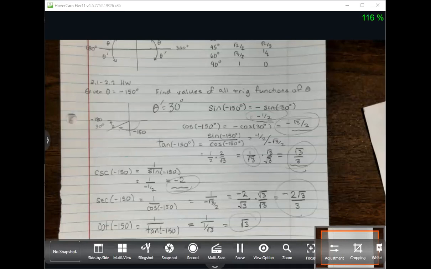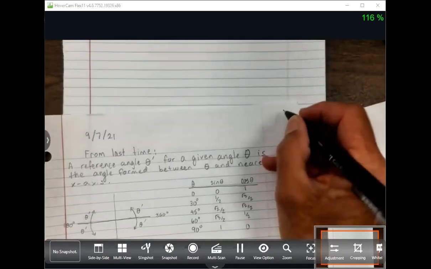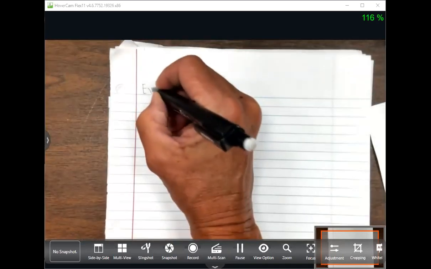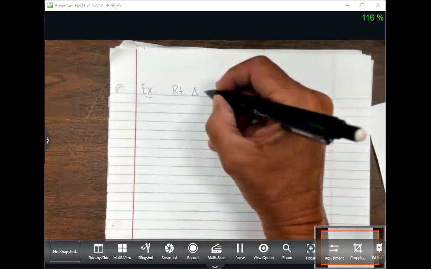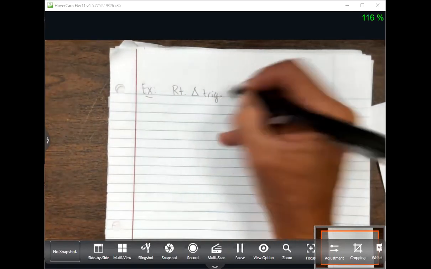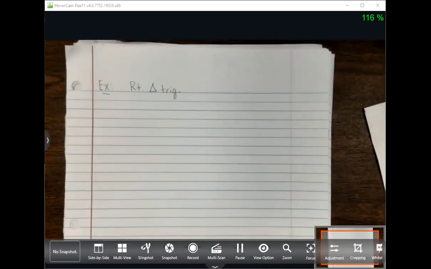So let's go back to the right triangle trigonometry. That's page 1. So let's do this example. This is right triangle trig, because this is what we're going to be doing today. So we have to know how to do this kind of thing.